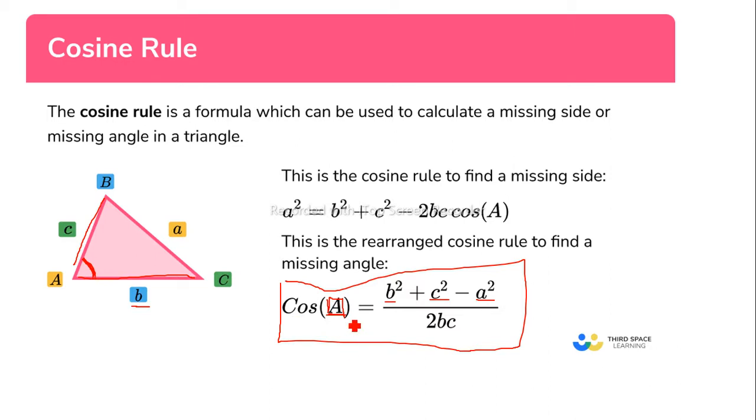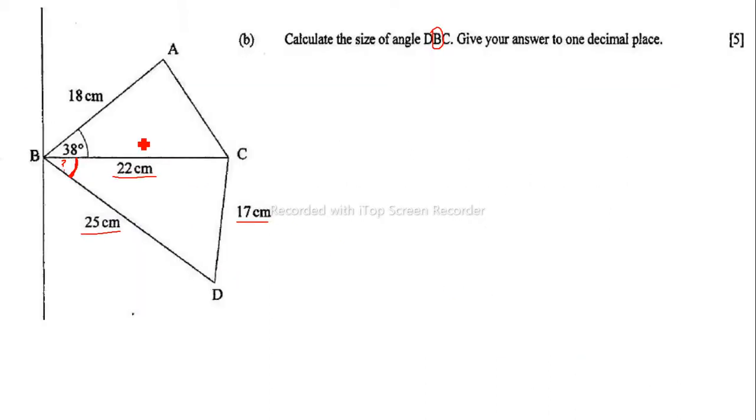In order for us to use this formula, we need to know what all the sides are. That's why for the question, they give us the length of all three sides. So we know this length, we know that length, and we know this length.